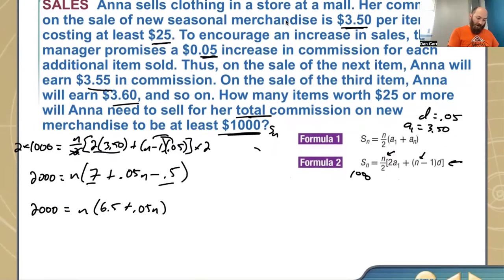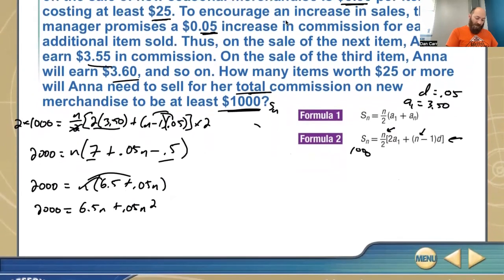Okay, from here I can distribute. So I have 2,000 is equal to 6.5n plus 0.05n squared. And one last thing I can do, because it's now a quadratic to solve, let's get this equal to 0. So I'm going to rearrange it as 0.05n squared plus 6.5n minus 2,000.